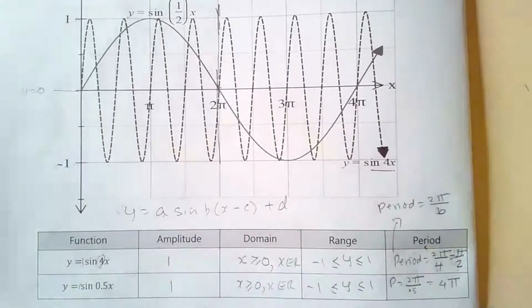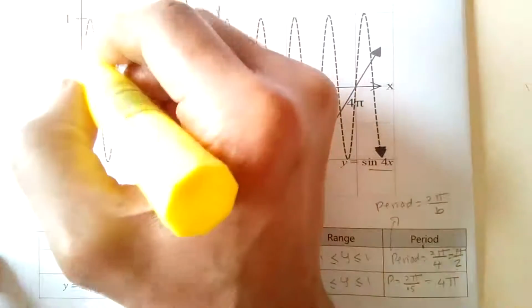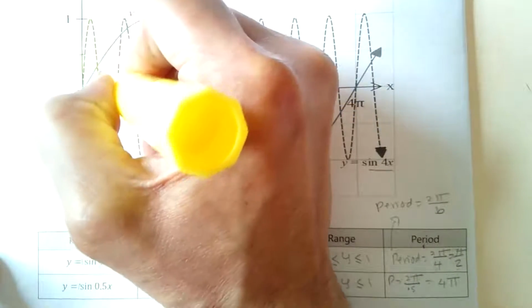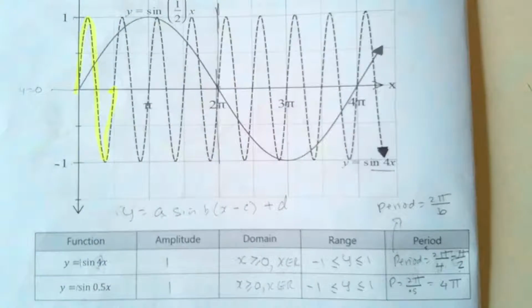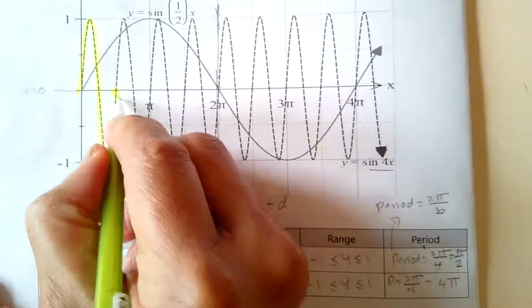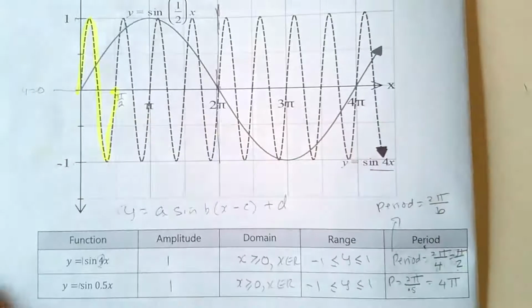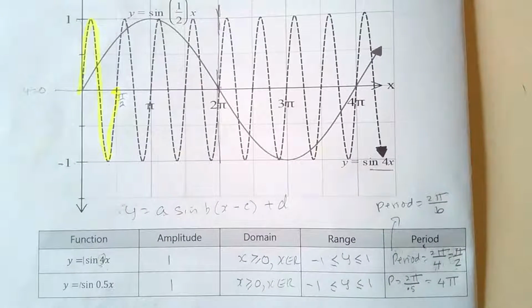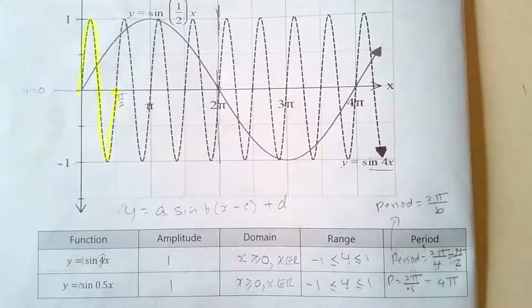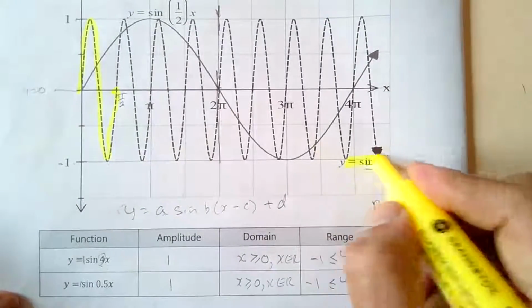So let's look at what we have here. This is one cycle, and yes, it's pi over 2. That's one cycle for the function y is equal to sine 4x.